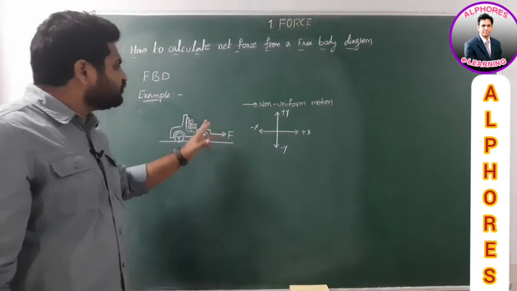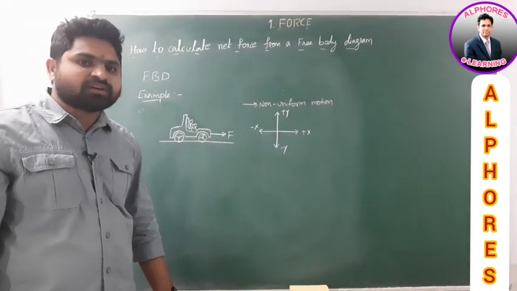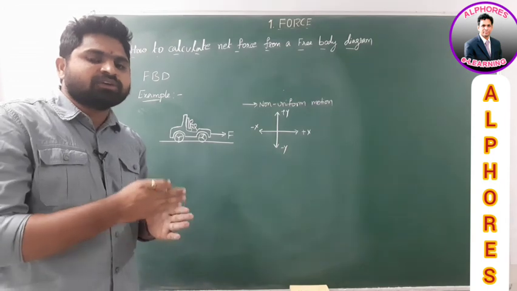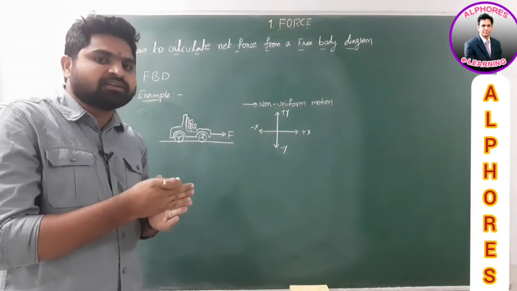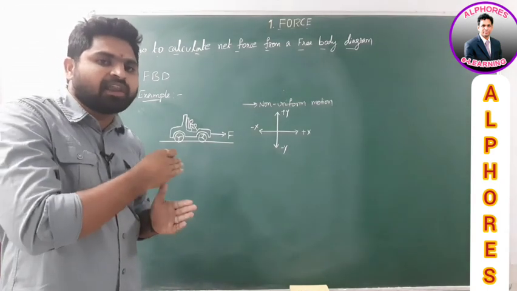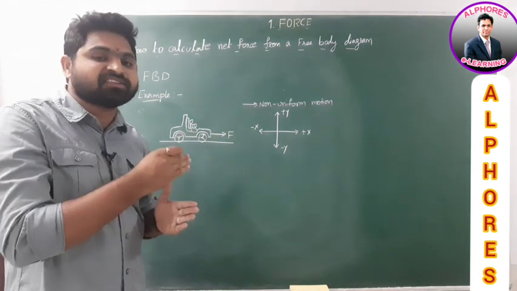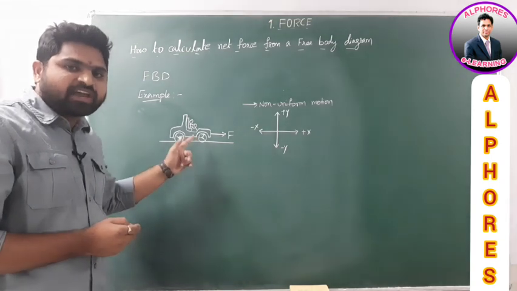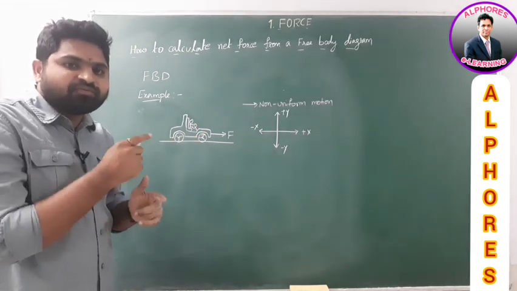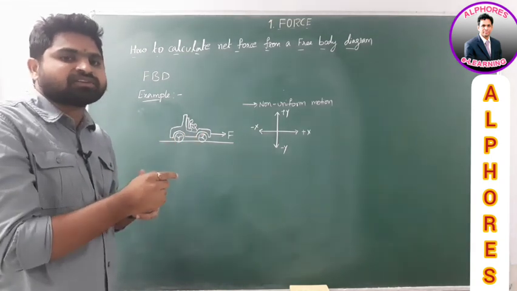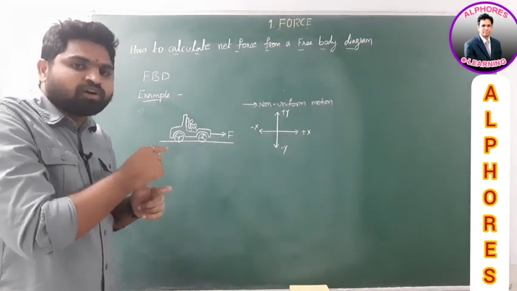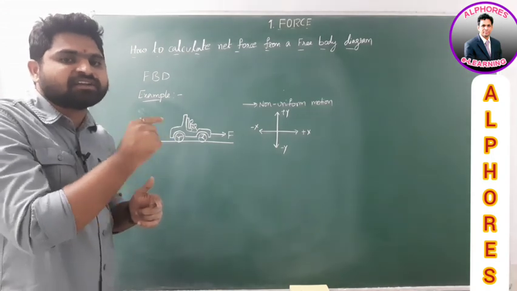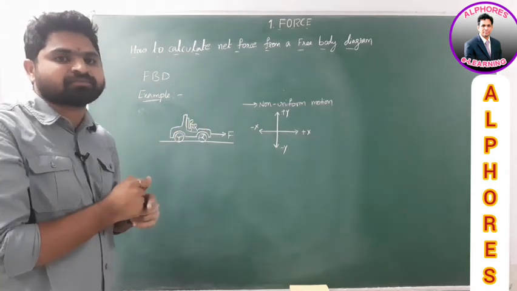Now, to find the net force acting on this car along horizontal direction, we have to add all the forces acting along the x-axis with the sign conventions. The final result is the net force along horizontal direction.